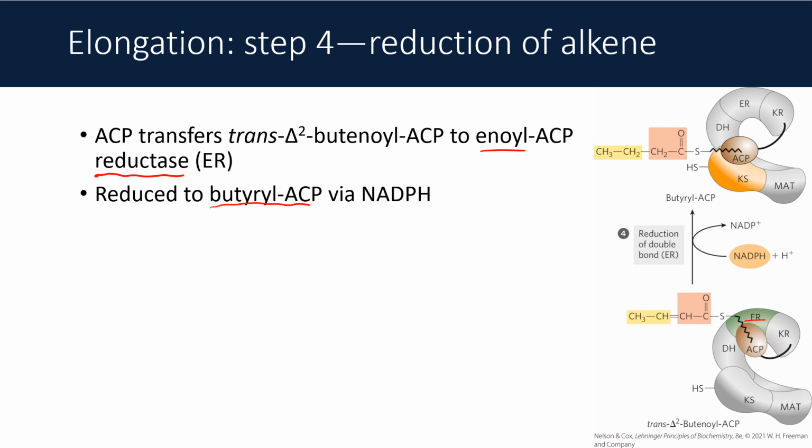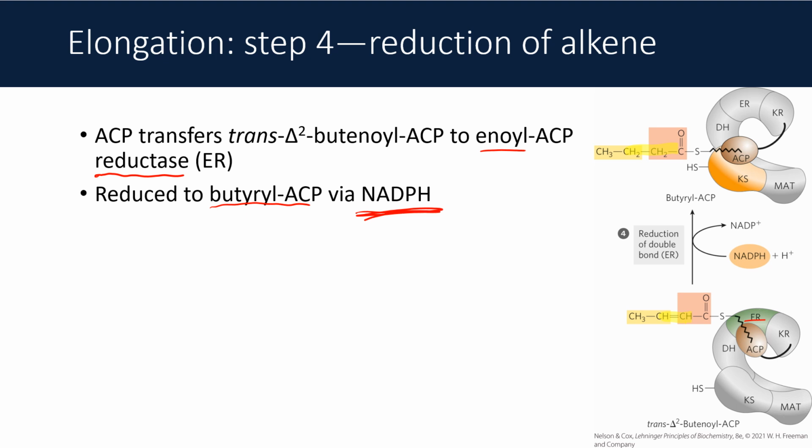And we see that over here. We start with a double bond, and we end with a single bond connecting the yellow and red-orange fragments. And going from an alkene to an alkane is a reductive process. We need an electron donor, and that donor is going to, of course, be, yet again, NADPH.